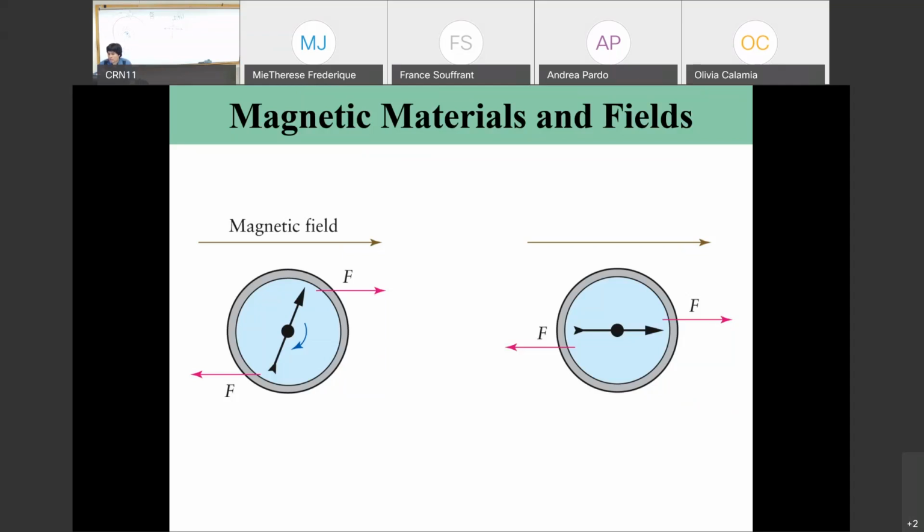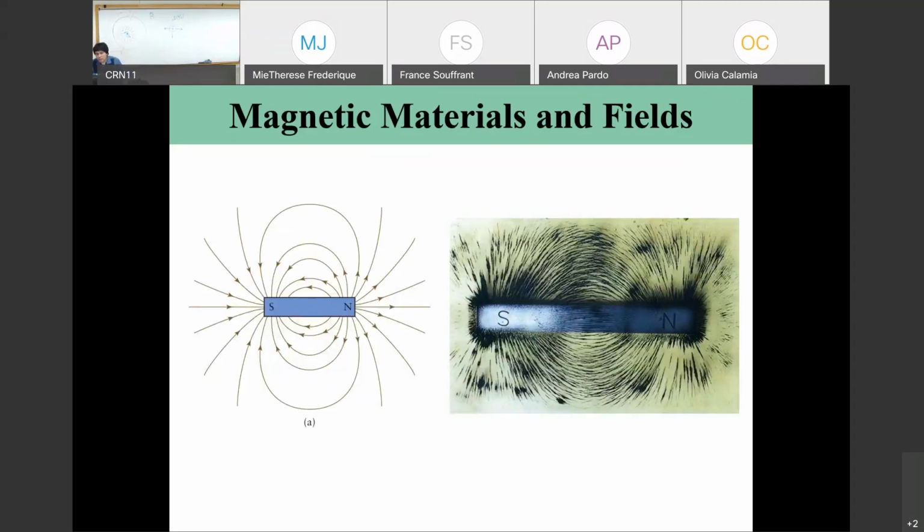Now, something that you guys should also know is how the magnetic poles or the magnetic field look around a magnet. If you remember what we did in electricity with a positive and a negative charge, you will recognize this. And by the way, the experiment that you guys normally will do in school is also in this picture. On the left, you have the magnetic field going from the north towards the south.